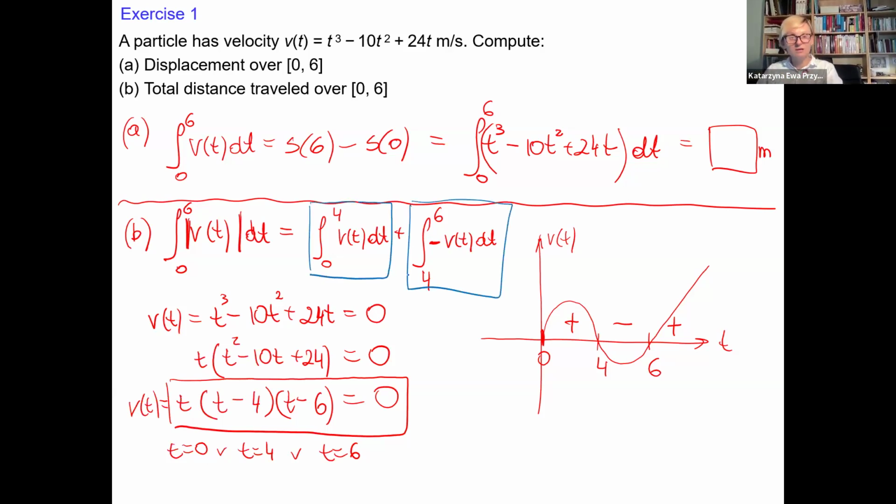Then we will add them together. And this answer will be when you subtract, I mean, without the negative. Then you can check. But please remember the difference between displacement and total distance traveled. Okay, we good with this?